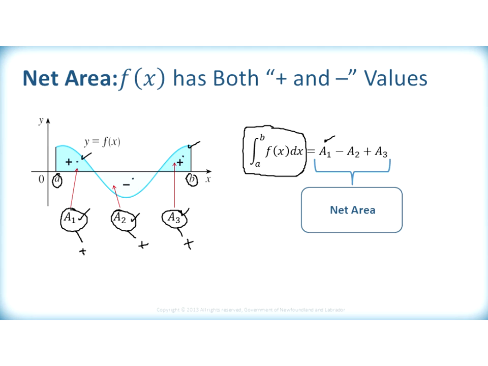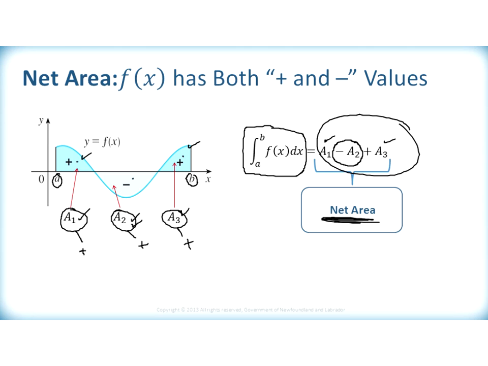So both A1 and A3 here are going to be positive numbers, and A2, while it's a positive number, when I figure it out as part of my definite integral, the definite integral considers it to be a negative number. So that's a signed area. When I put all that together, I have some positives and some negatives. That's what we call the net area.